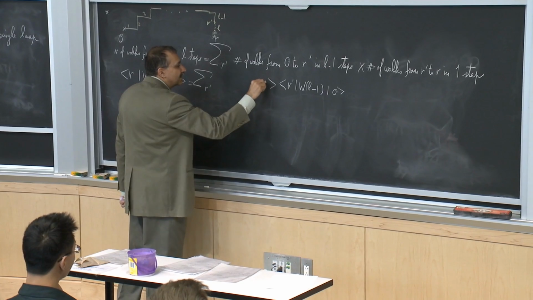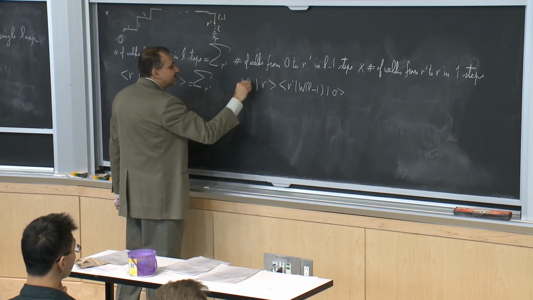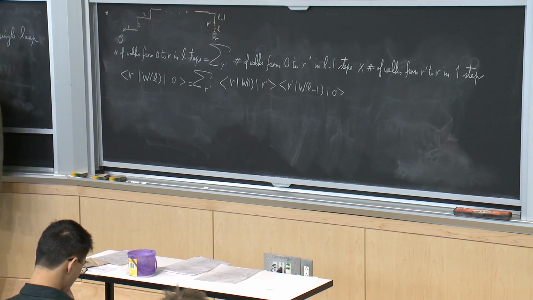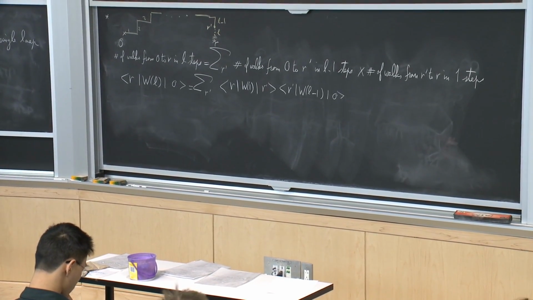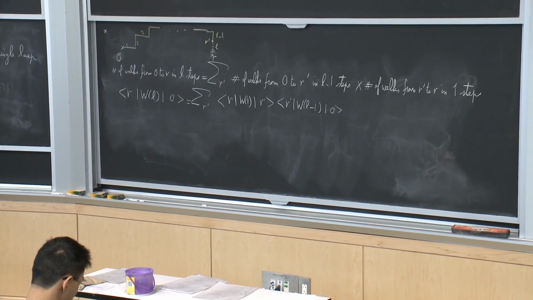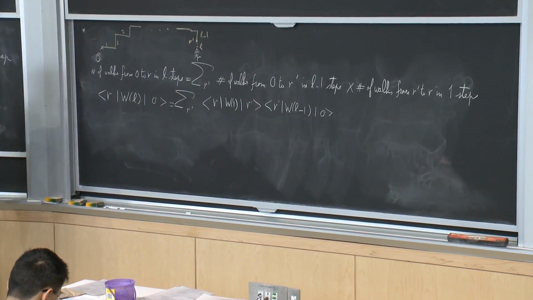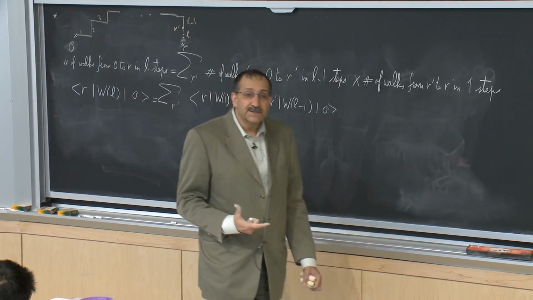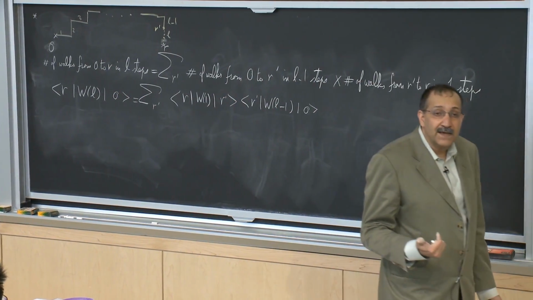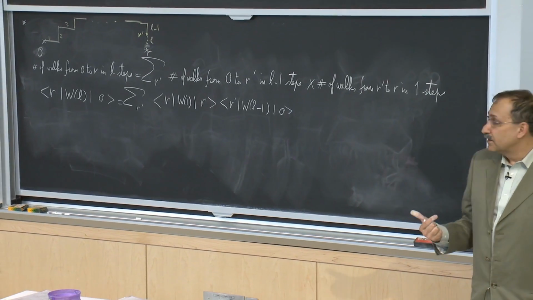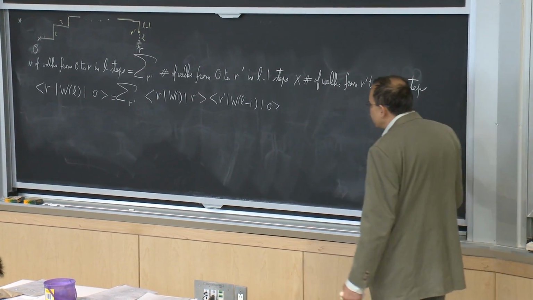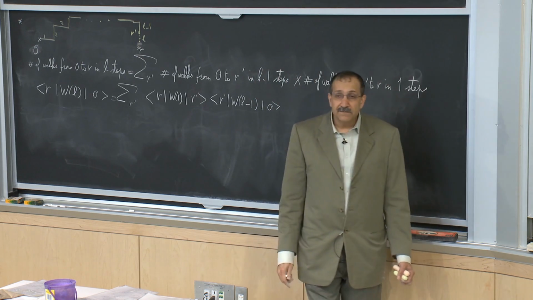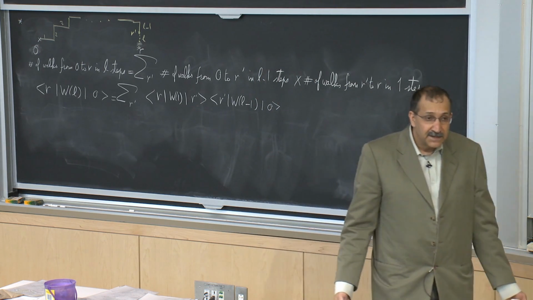Start from r prime, take 1 step, arrive at your destination r, sum over r prime. Okay? Now these are n by n matrices that are labeled by L. So these being n by n matrices, this summation over r prime is clearly a matrix multiplication.